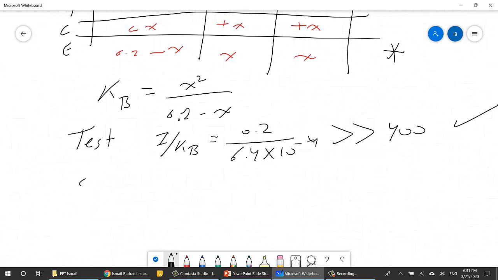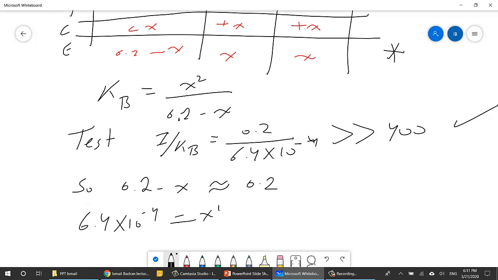So 0.2 minus x is almost equal to 0.2. This is what neglecting x means, okay? So now we substitute in this equation: 6.4 times 10 to the minus 4 is equal to x squared divided by 0.2.